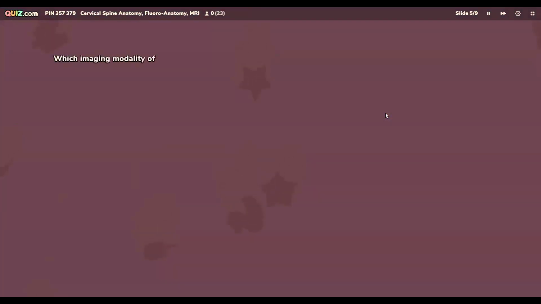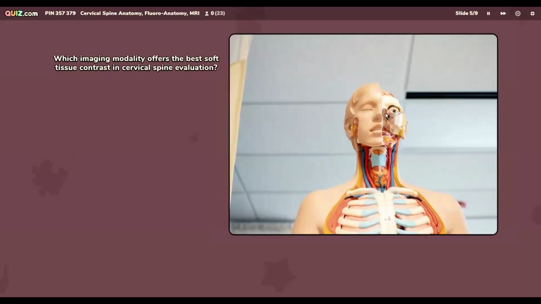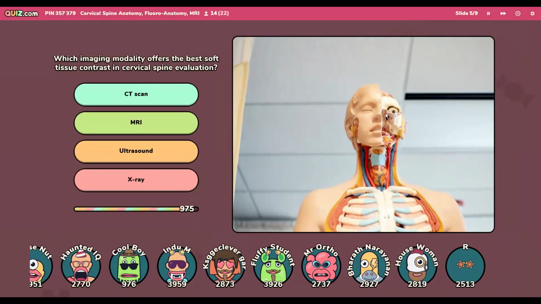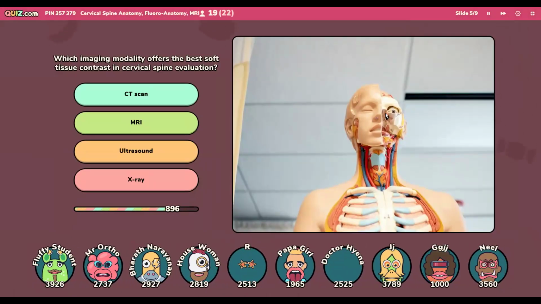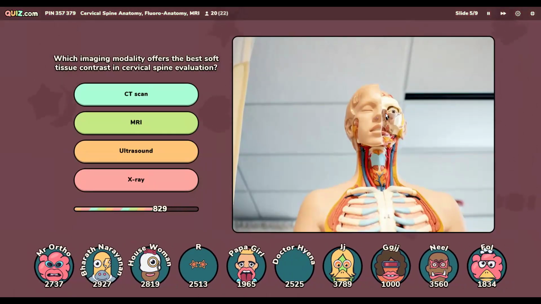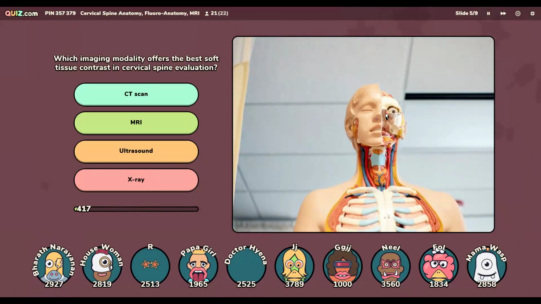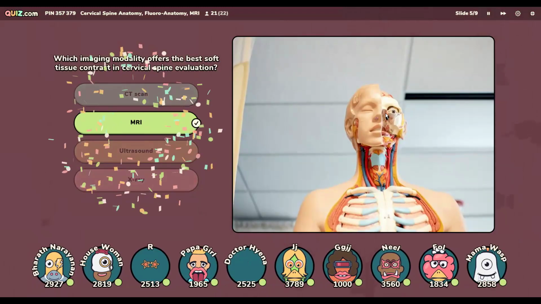Which imaging modality offers the best soft tissue contrast in cervical spine evaluation? MRI.